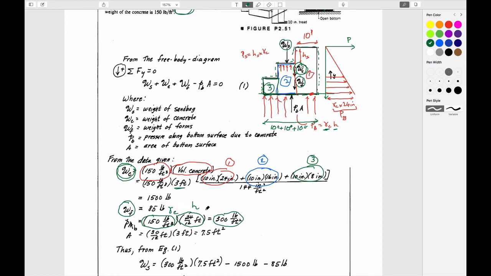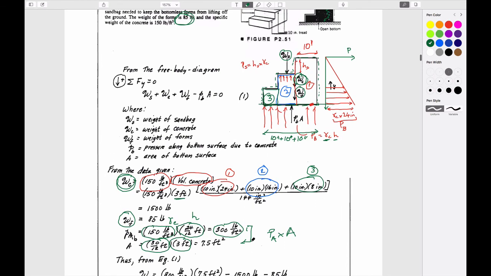Which is the length across here. And so this is the 3 treads added together, times the depth of the step into the page, which is the area. If you multiply these two together, you get the pressure at A times the area.